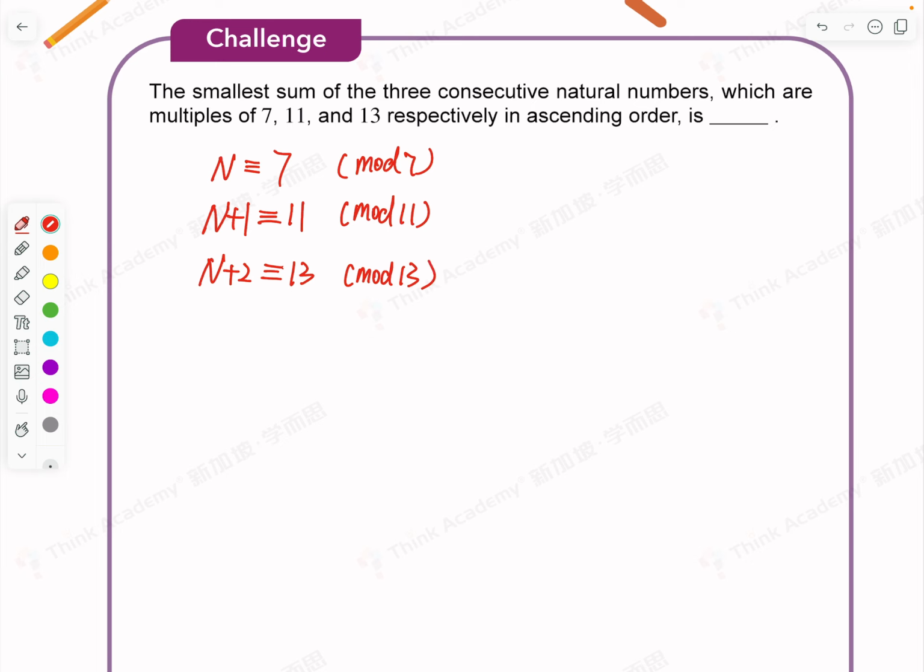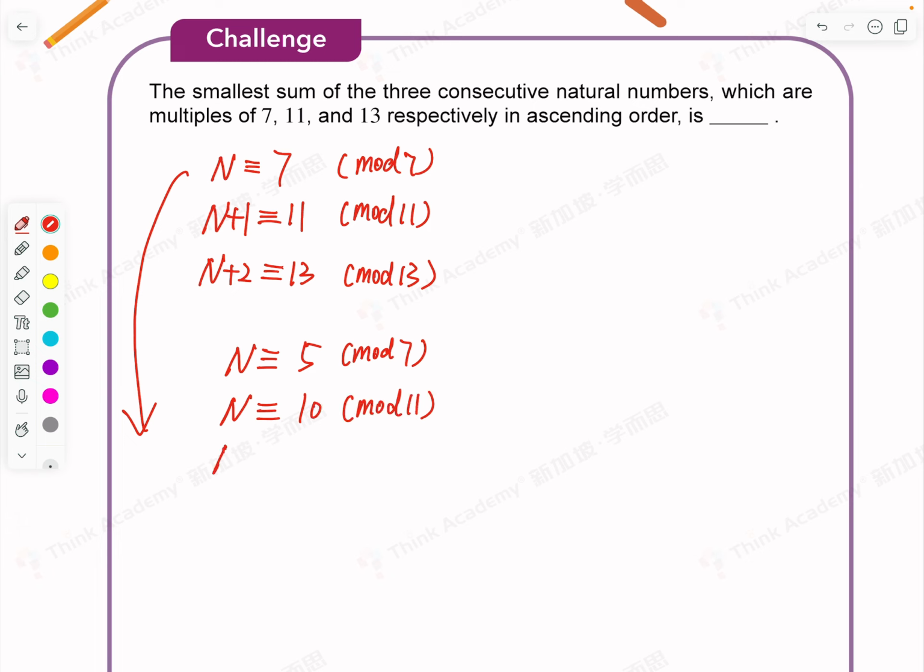Okay, so this time I can change to n congruent to 5 if I mod 7, n congruent to 10 if I mod 11, and n congruent to 11 if I mod 13.